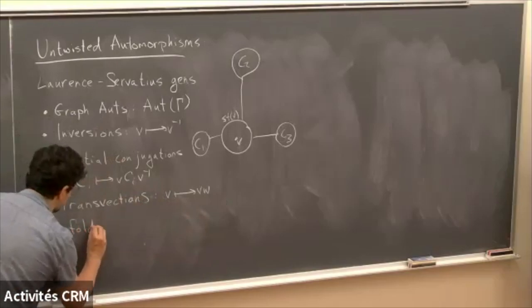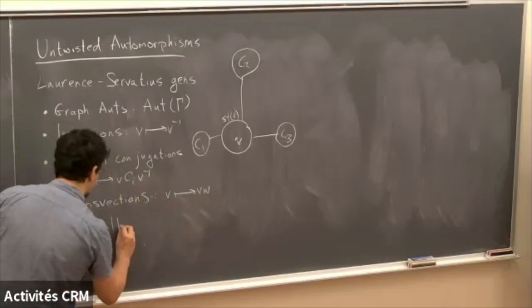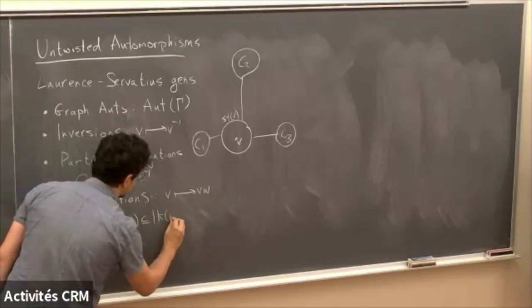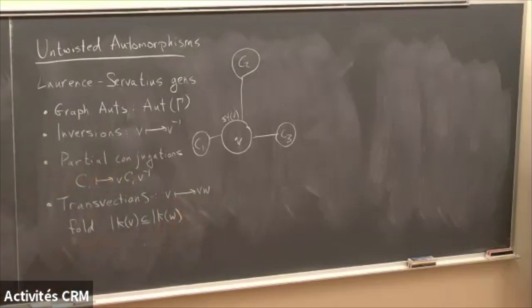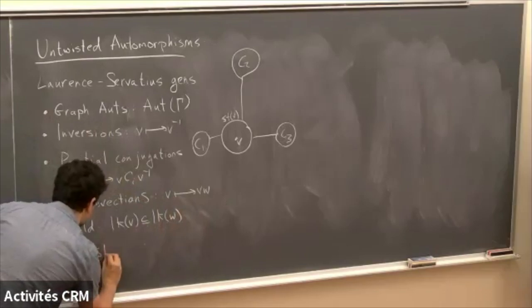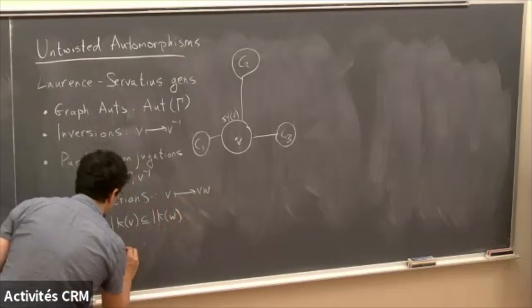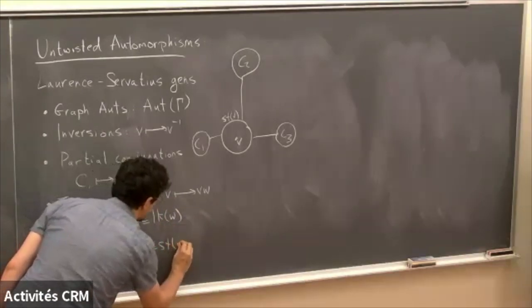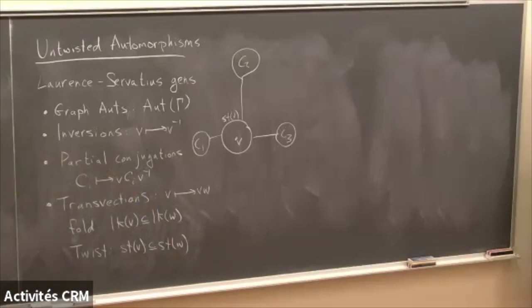One way is if you have what's called a fold, and that's when the link of v is contained in the link of w. So v and w in this case don't commute. And then the other way this can happen is if you have what's called a twist, and that's when the star of v is contained in the star of w. And in this case, v and w do commute with one another.